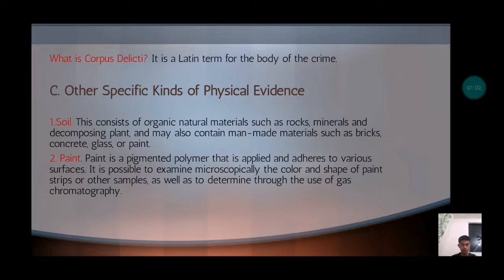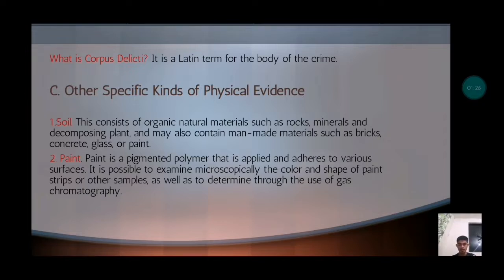The densities of soil samples are analyzed via chemicals that separate the particles that comprise the soil. If the pattern of separation is similar, it indicates a match. This common scientific technique of analyzing soil is called the density gradient tube.